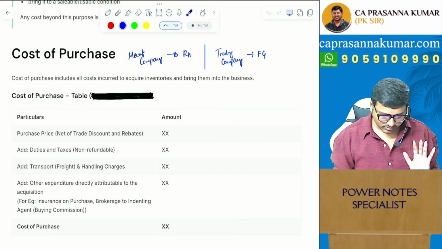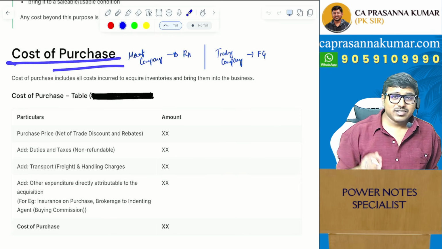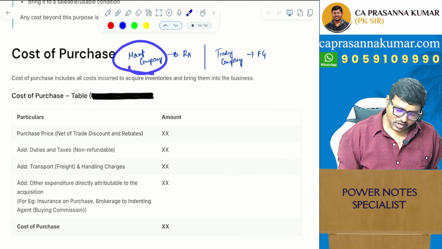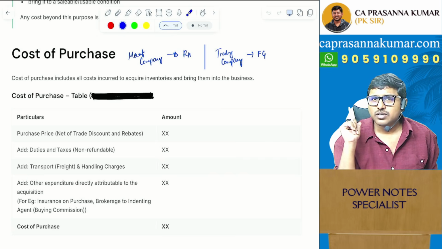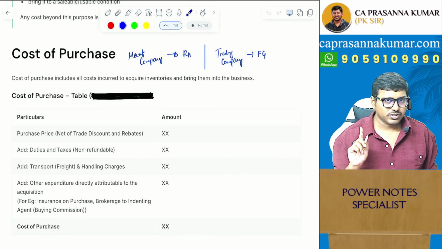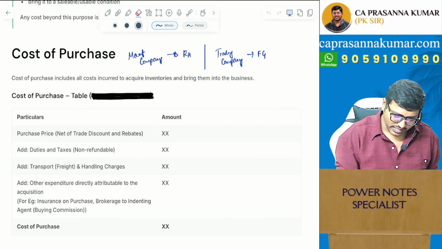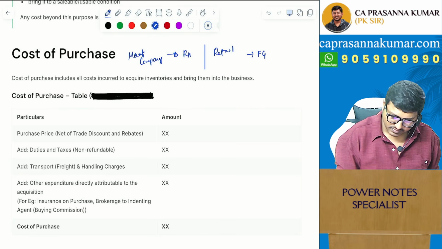Depending upon what kind of company you're running, the cost of purchase will vary. For example, if you are a manufacturing company, then when I'm talking about cost of purchase, you will purchase raw material. Therefore, indirectly, I'm talking about raw material cost. But if yours is a trading company or retail company, trading company is not the correct term, let's use the term retail company, like DMart.